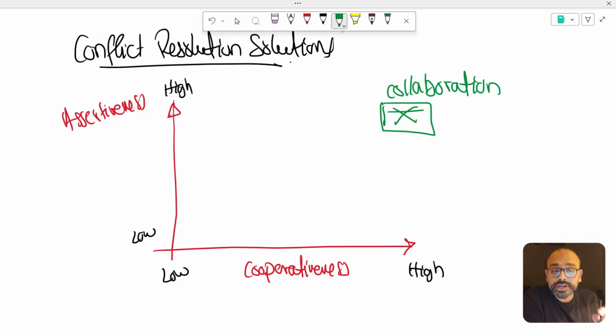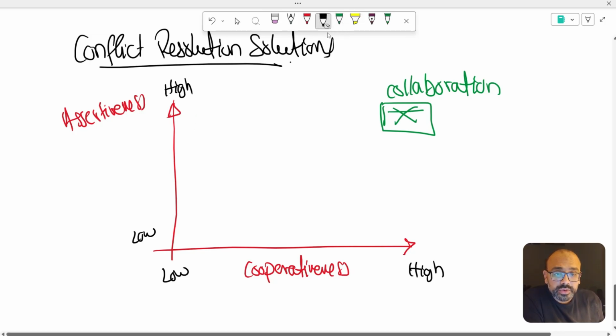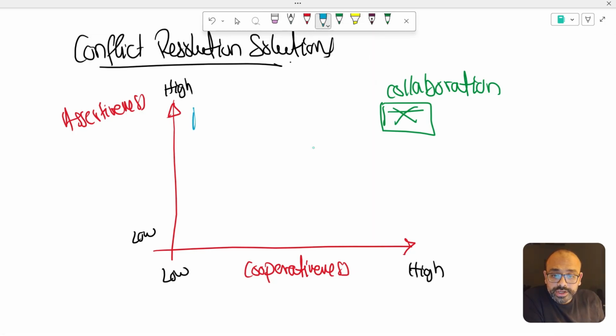High cooperative, high assertive. Now, if only I am assertive without cooperating with the other party, I am here at this blue point. So I am directing, forcing maybe.